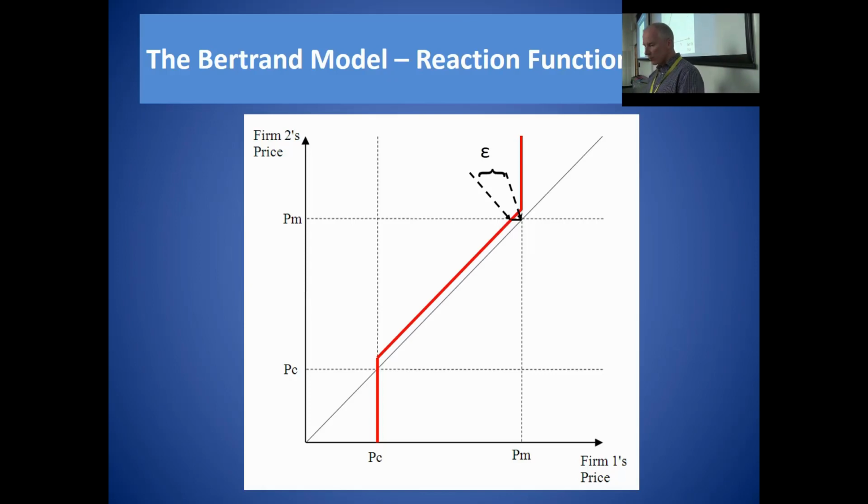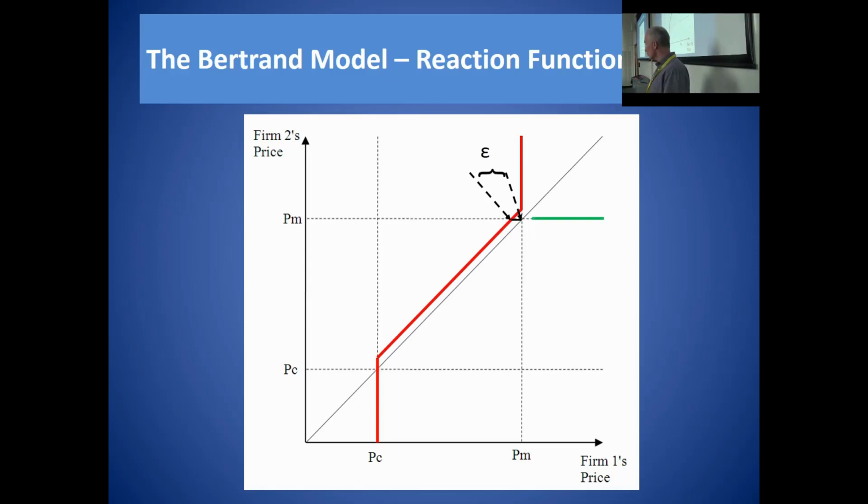So for firm 2, we would ask ourselves, what would happen if firm 1 charged a price anywhere in excess of PM? If firm 1 charges a price anywhere in excess of PM, the optimal response of firm 2 is to undercut it and charge a price equal to PM.